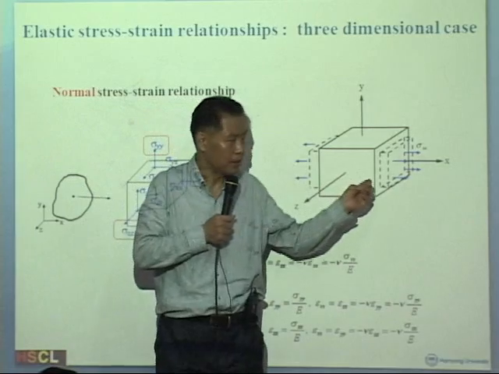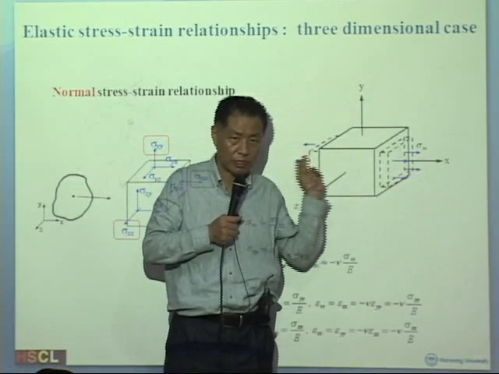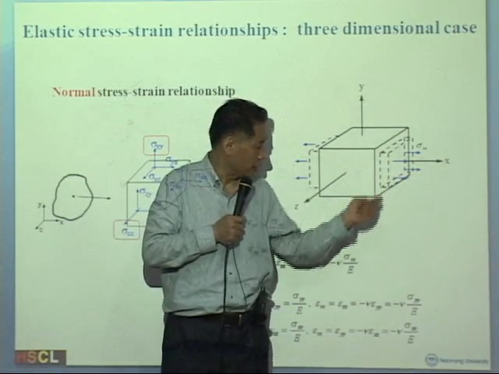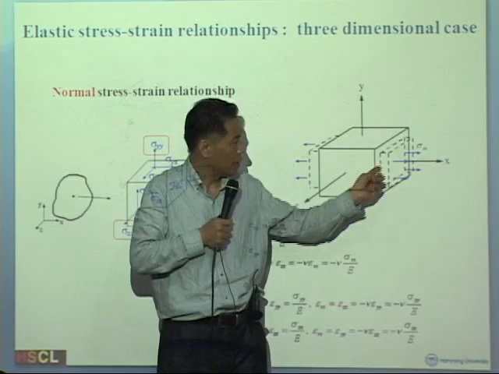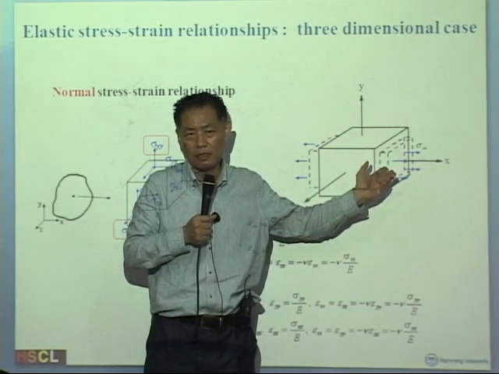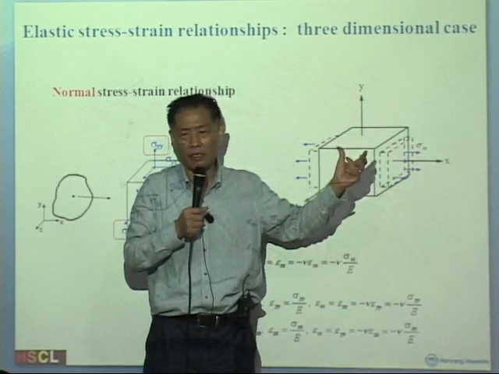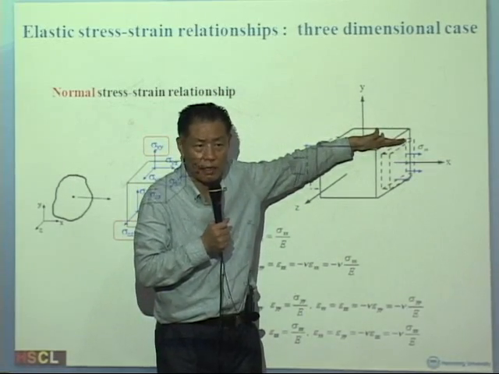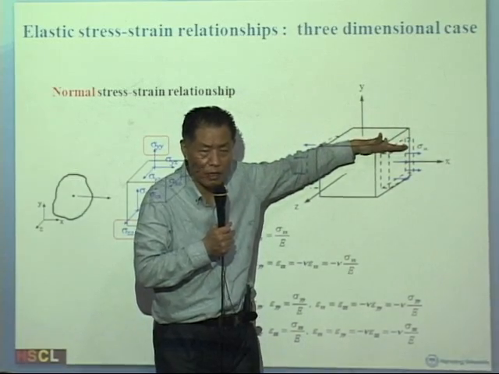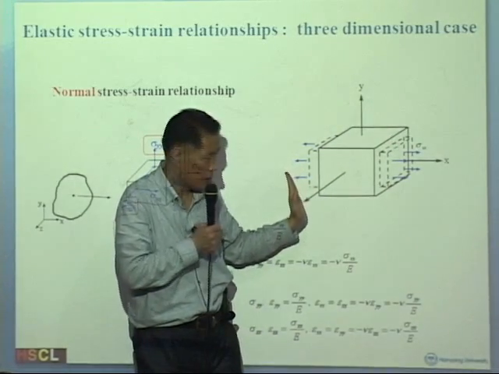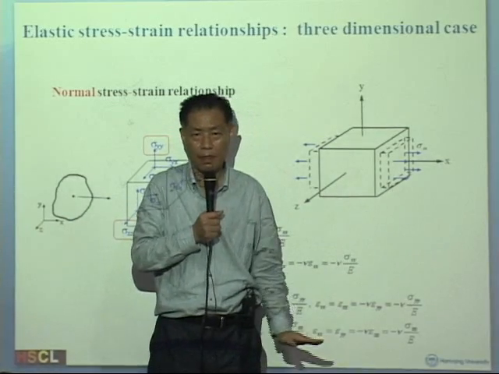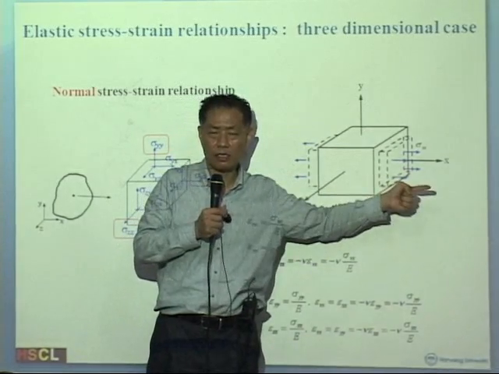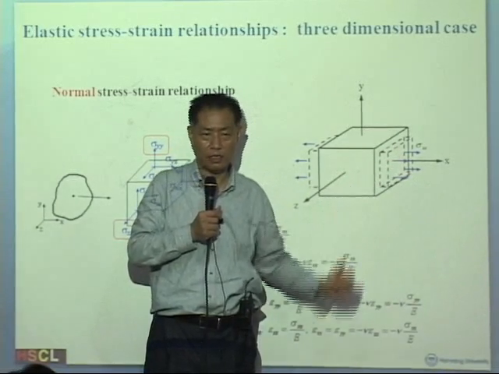As you can see here, when this body is subject to extensional stress, this extensional stress is causing epsilon xx for sure. But what else does this sigma xx cause? Well, it causes contractions, right? It causes epsilon yy. It also causes epsilon zz. Sigma xx will cause epsilon xx, epsilon yy, and epsilon zz.